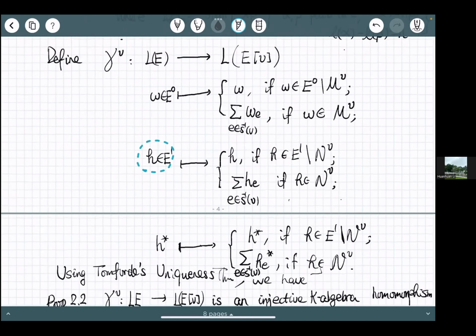For the image of edges, for any edge H, if H is not in M_V, its image is H. When H is in M_V, we use the sum of the copies, the sum of H_e.